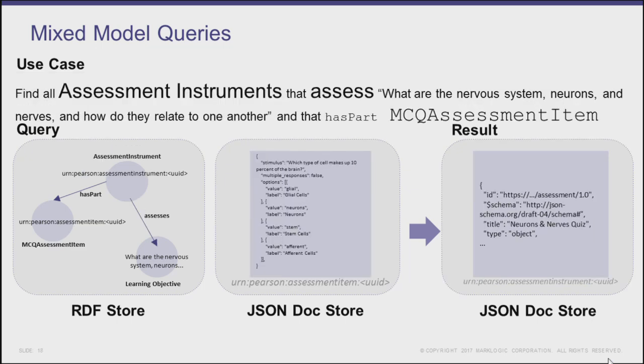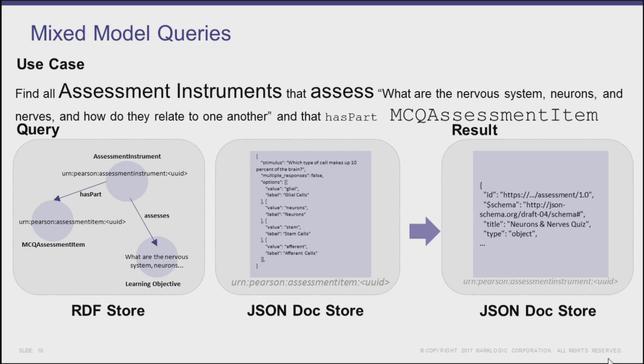The second query we have here, we're looking for all assessment instruments that assess what are the nervous system, neurons, and nerves, and how do they relate to one another, that have a part MCQ assessment item. Now here, we're looking mostly into the RDF store. So we're looking for relationships between an assessment item, an assessment instrument, and the learning objective.